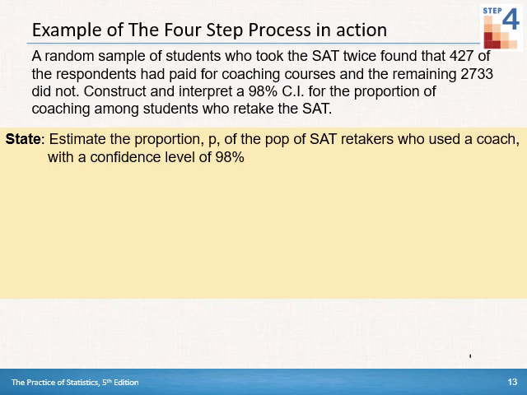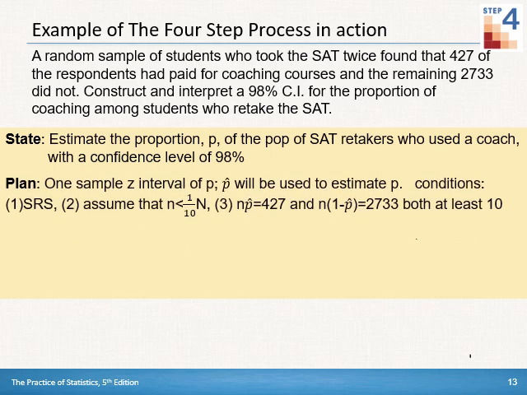All right. The next part is the plan. So in the plan, we will state the inference procedure. First thing, we're going to use a one sample Z interval for P. We're using P hat to estimate that P. And the conditions: we took an SRS. We are going to assume that our sample is less than 10% of the population of retakers.